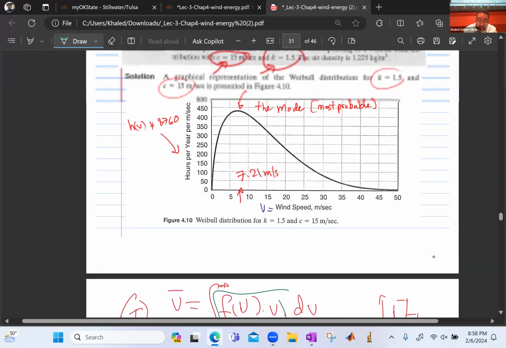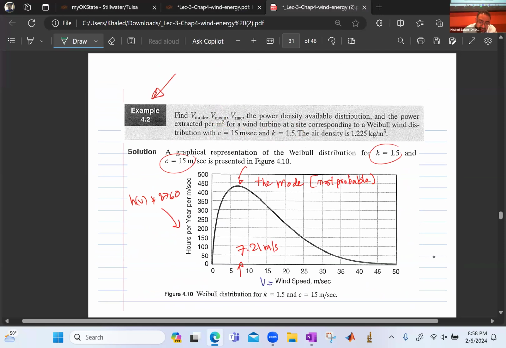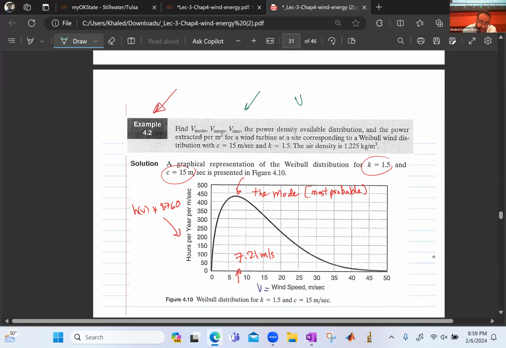No, he's asking for the average v cubed. Why do you care about the average v cubed? Because the power is not just v. We are happy that v is high, but what we care about is the average v cubed. What's the average power we're going to get in that site? Not the average velocity. We need the average v cubed.